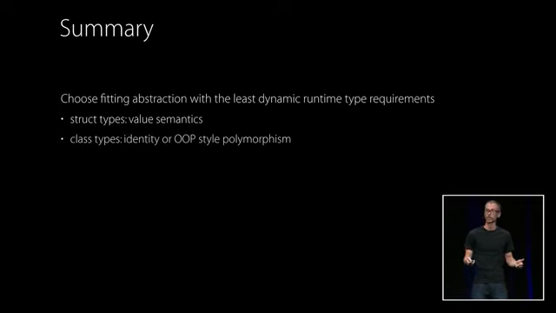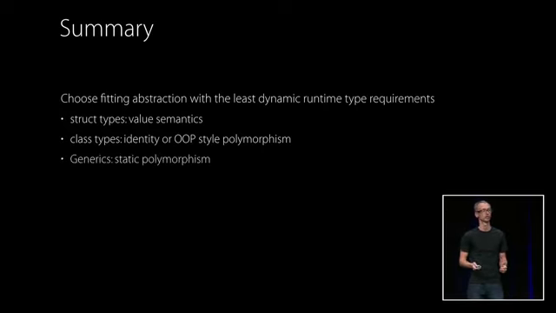If you need to use classes because you need, for example, identity, or you're working with an object-oriented framework, Kyle showed us some techniques for reducing the cost of reference counting. If parts of your program can be expressed using a more static form of polymorphism, you can combine generic code with value types, and again, get really fast code, but share the implementation for that code.